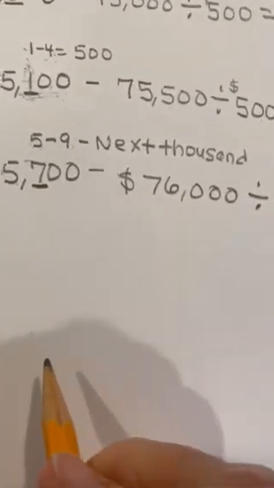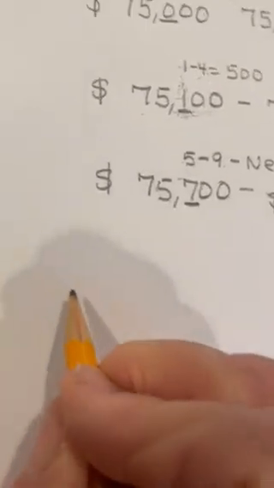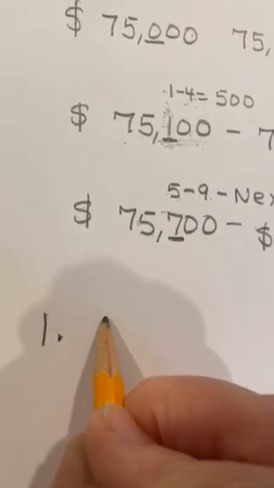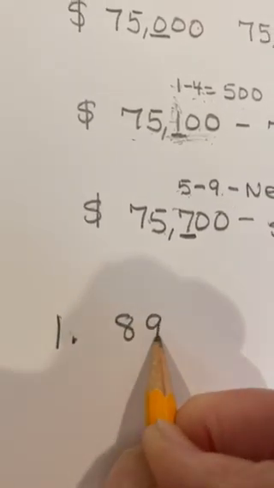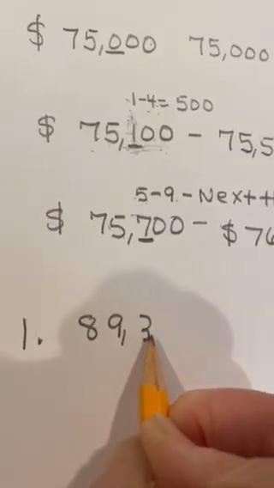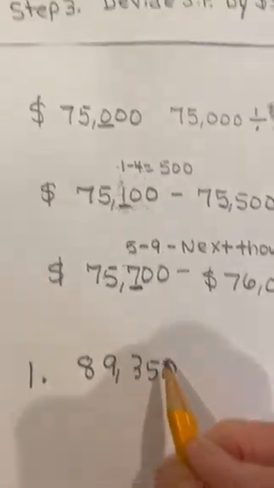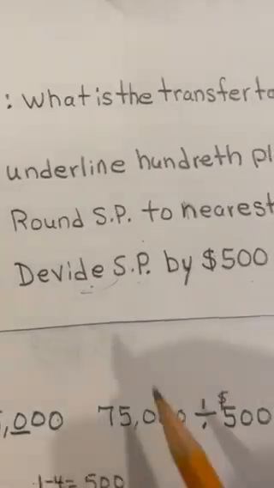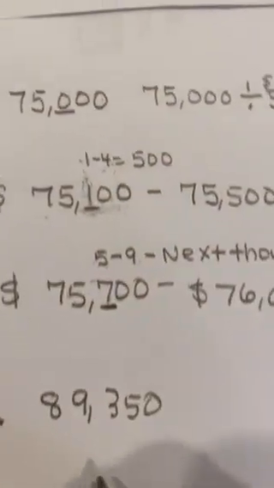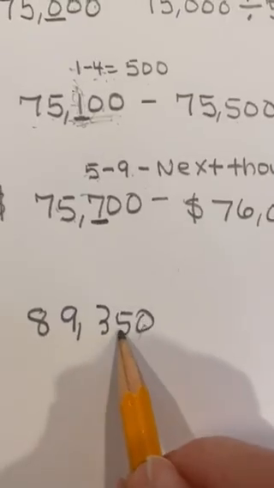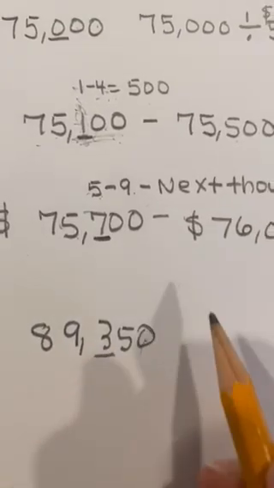Now let's do another number that's actually on the page. 89,350. The first step, we said that you underline the hundredth place. Let's find the hundred: units, tens, hundred. Underline the hundredth place.